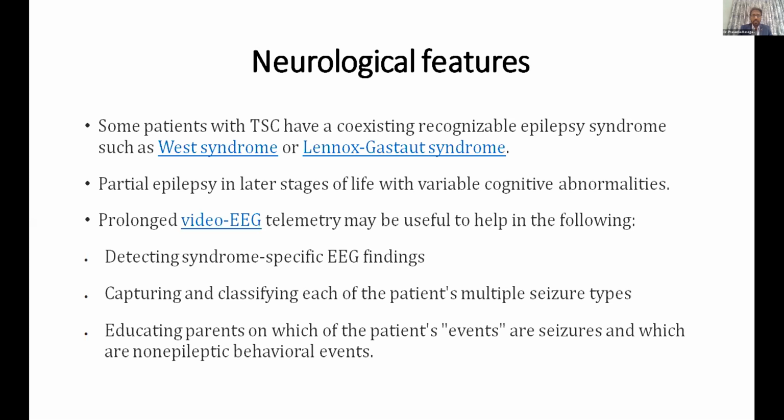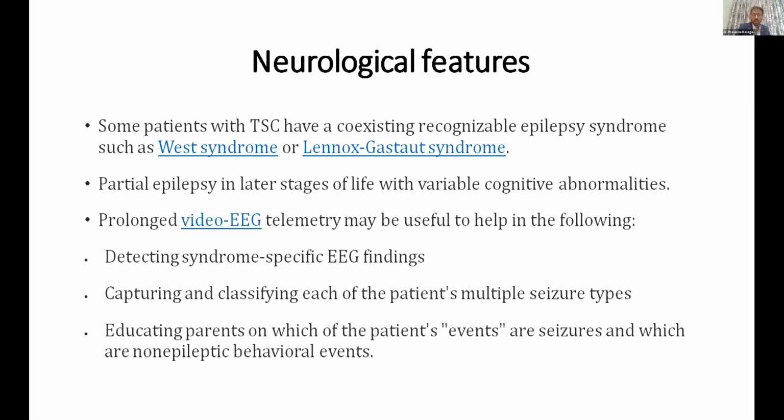So the neurological presentations will depend on the load of the pathologic structures. Early on you can have West syndrome, later on there can be Lennox-Gastaut syndrome. In relatively young older children or in adults, you will have partial epilepsy, which is usually drug resistant and a bit difficult to treat.